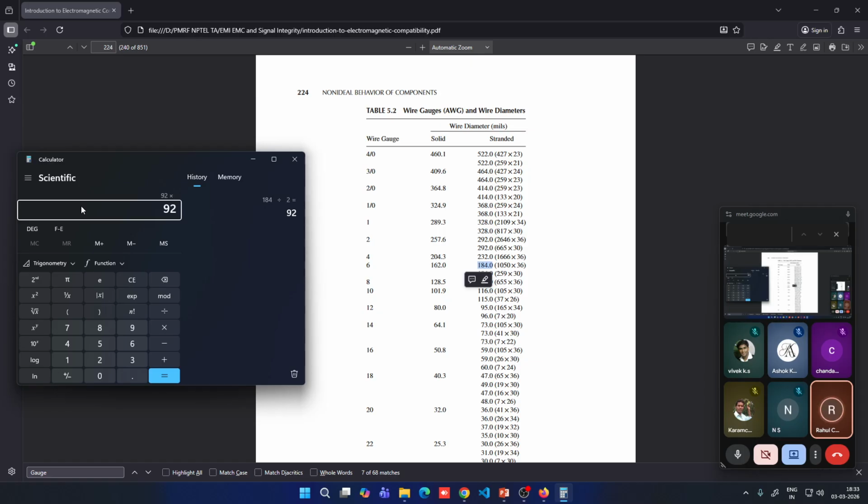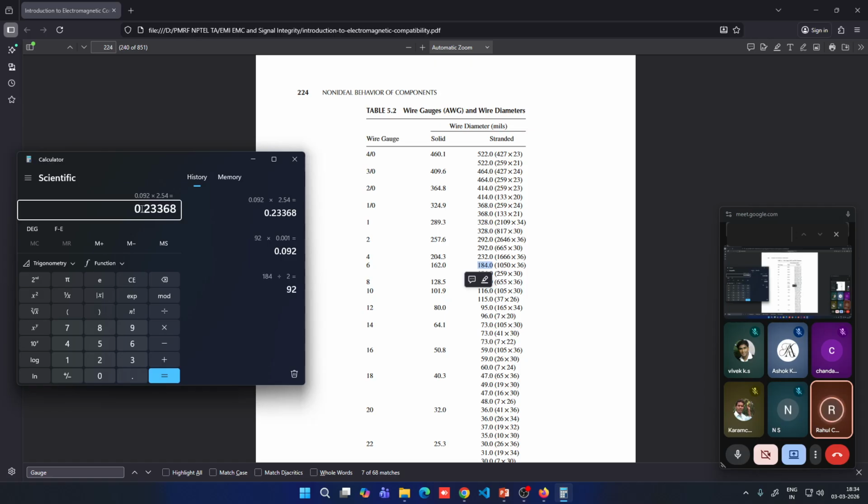Mils we can easily convert into centimeters by multiplying with 0.001 into 2.54. So the answer comes out to be 0.23368 centimeters. So this is the RW value that we have to use.